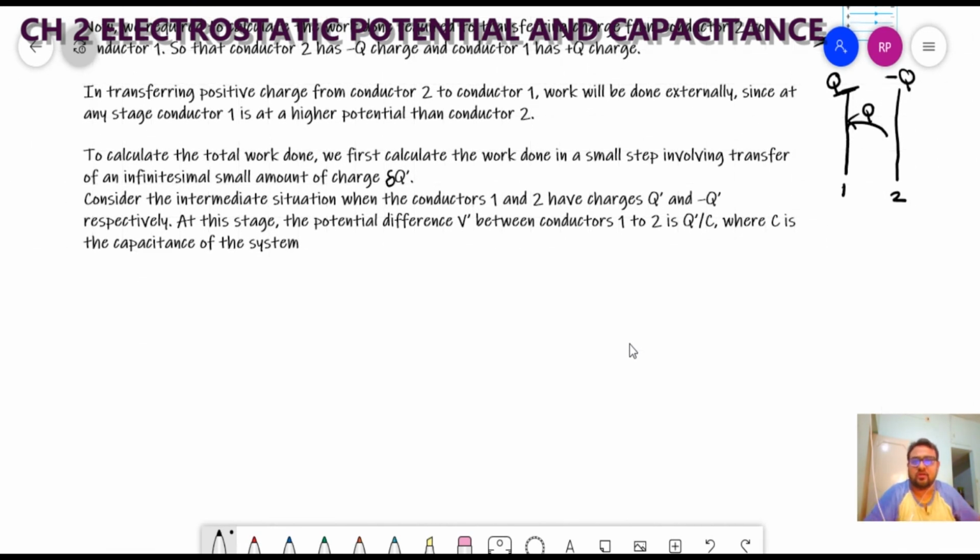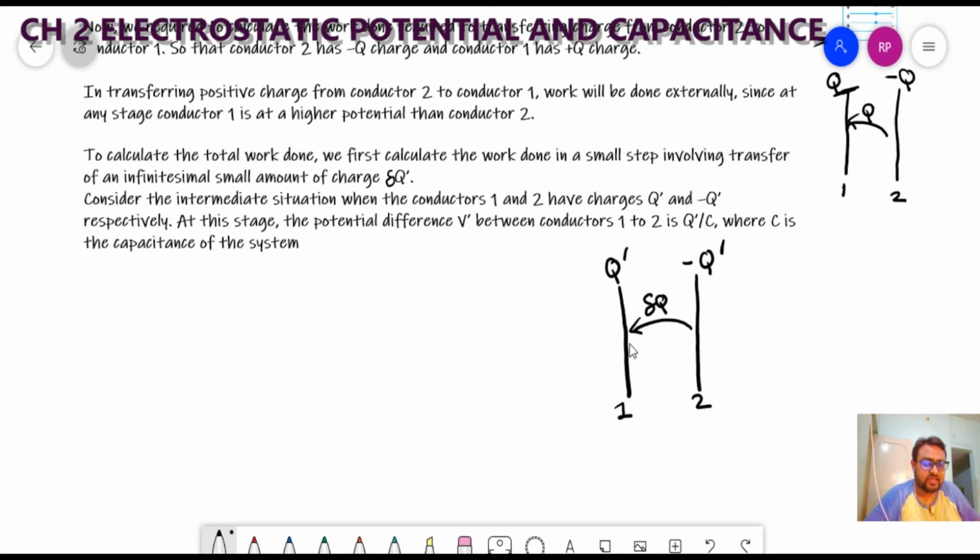Now see, let's consider an intermediate situation such that conductor 1 has charge Q dash and conductor 2 has charge minus Q dash. Now, let's bring a very small amount of charge delta Q from conductor 2 to conductor 1.